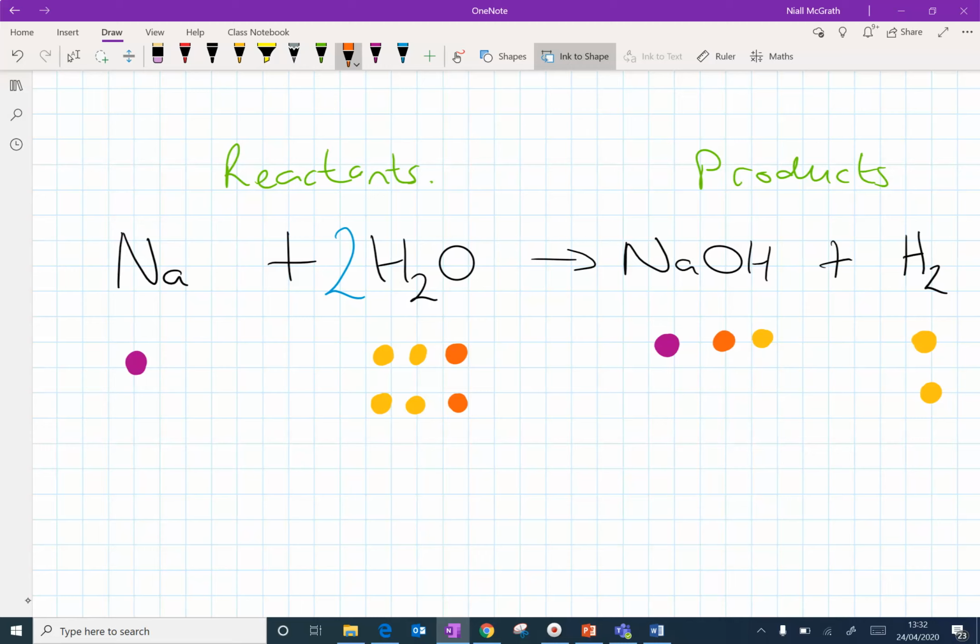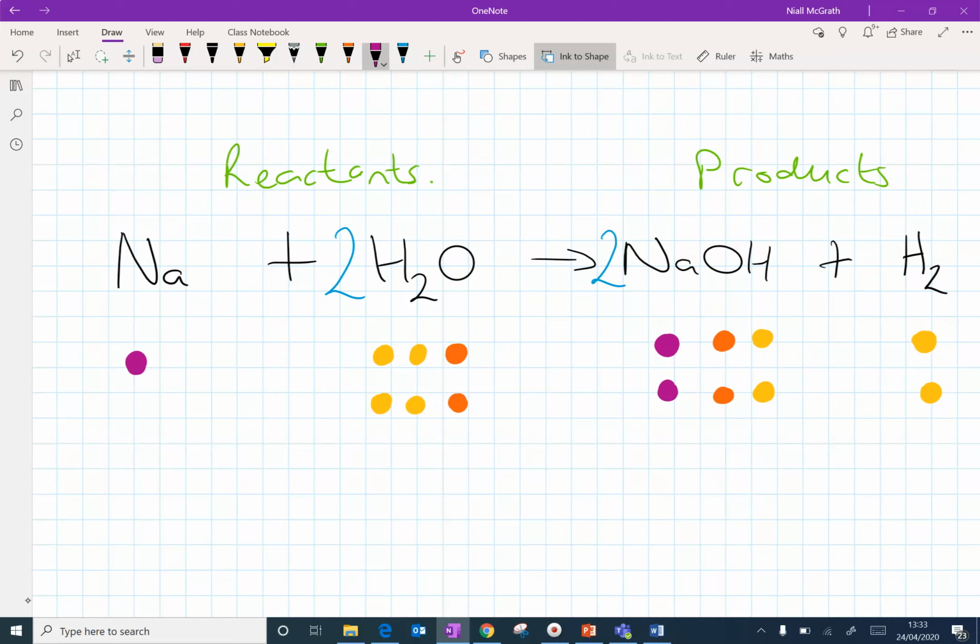If we look at a compound that has both hydrogen and oxygen in it, this NaOH, what happens if we multiply that by 2? Now we have 2 oxygens, and all of a sudden we have another hydrogen also. So that now means we have 2 oxygens, 4 hydrogens. It also means that our sodium has been multiplied by 2, and we now have 2 sodiums.